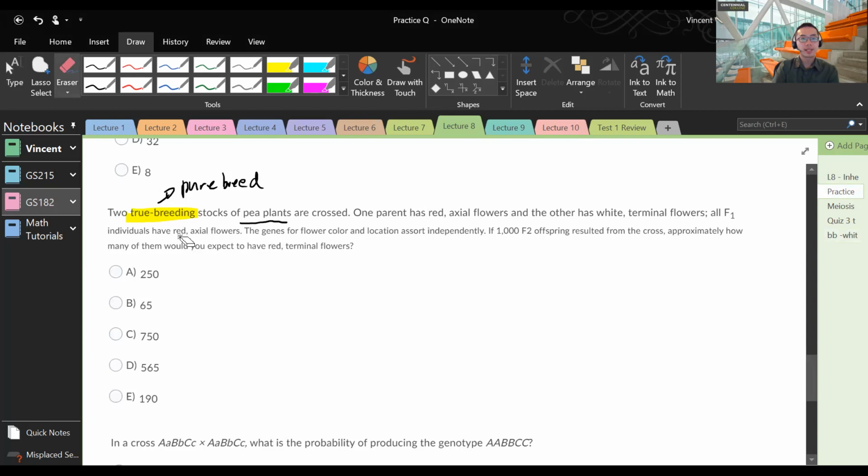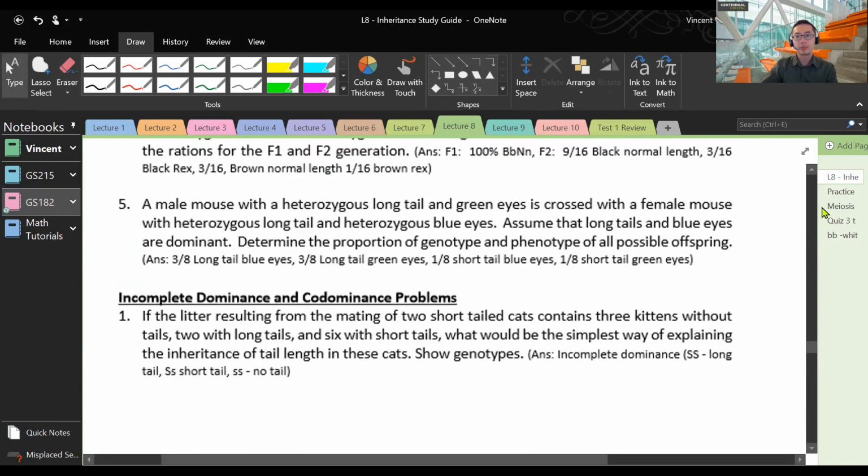Okay, so here it says all F1 individuals have red axial flower. So that's important information because the parents are pure breed. And if we look at the F1 generation, the traits that show up in the F1 generation will tell you which one is dominant. Again, we go back to the rabbit question that we did earlier.